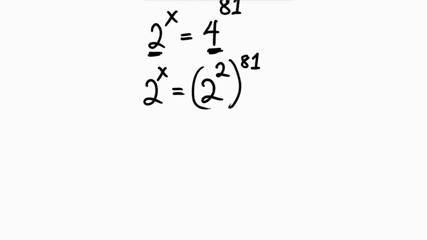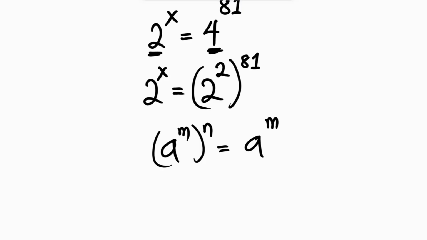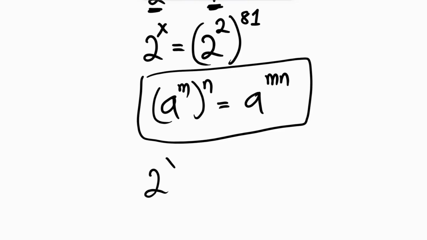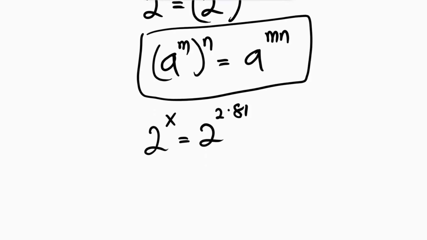81. Right? So now we know that a raised to power m n is the same thing as a raised to power m times n. So now we have 2 raised to power x equals 2 raised to power 2 times 81.